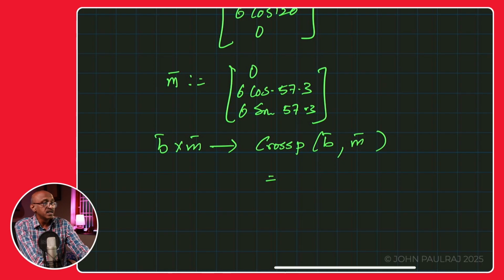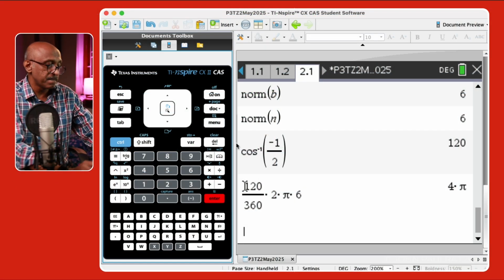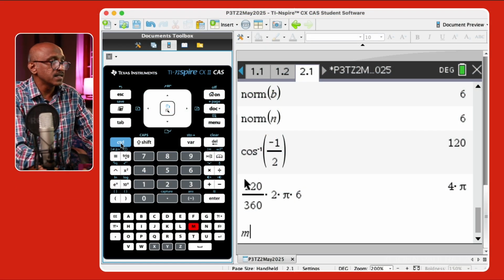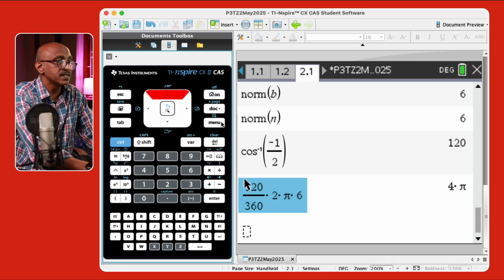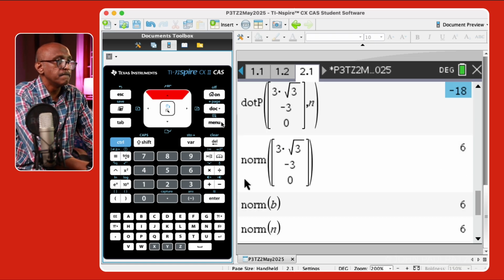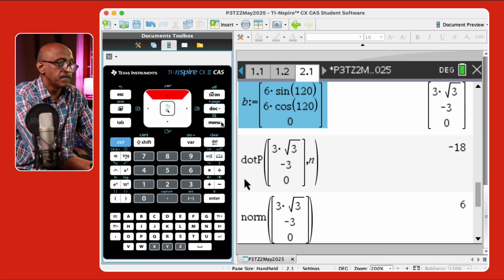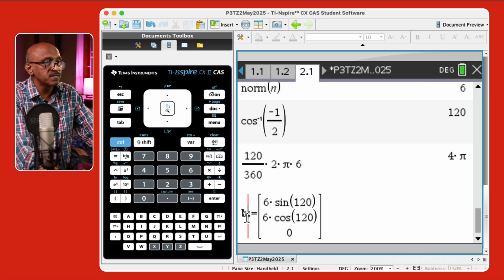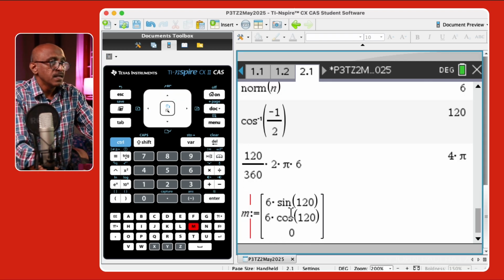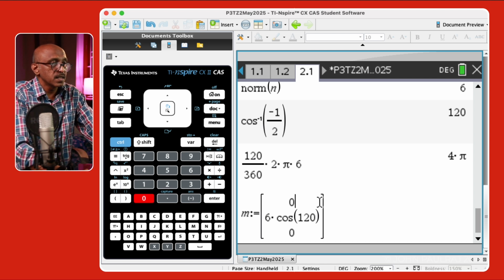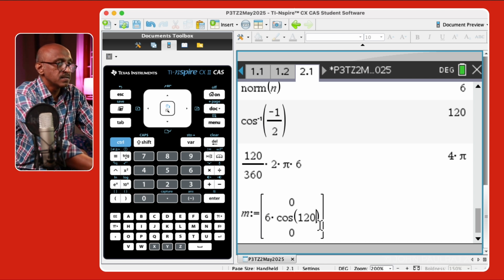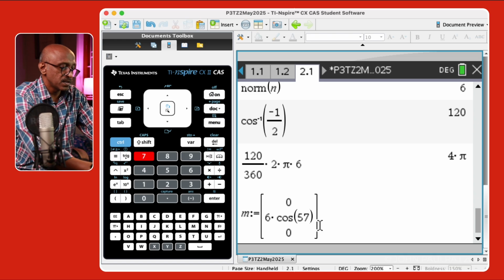All right, let's just jump over and let's just first define M, because that is not defined here. Okay, control, and then I just take an already defined vector. Bring that down and make sure we have changed this first to M, and here this is 0, I believe, and here I'm going to change this to 57.3.